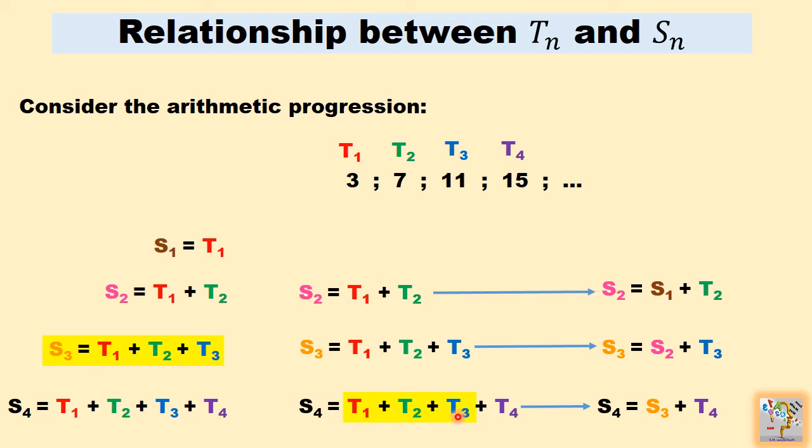Because T1 plus T2 plus T3 is given to be S3. So instead of writing all these terms, I can easily substitute S3. The S3 that you see here is the same S3 that is there. So this becomes very simple, because you look at the equations that we have generated here.